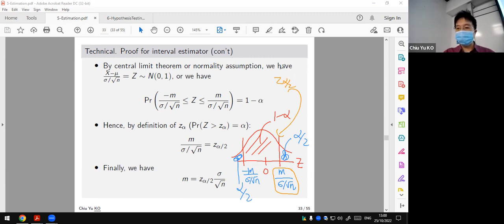Or if you don't like this, in Excel it's just NORM.S.INV of alpha over 2, where alpha is a very small number. That is the way we handle this. And because this expression is equal to this, we can just move the denominator to the other side, which gives this formula.